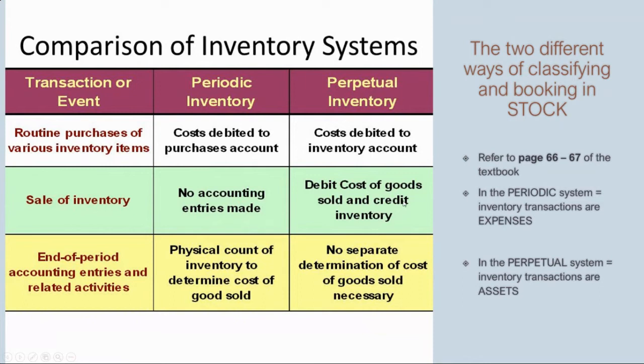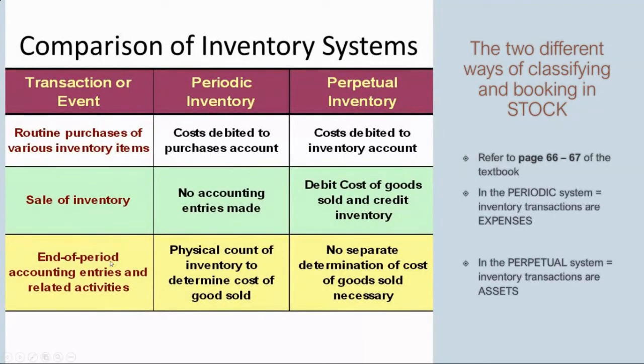In this scenario, we are taking the stock that we've sold out of our inventory balance because we no longer have it, and moving it to the relevant expense account so that we can work out the profit for that specific sales transaction. Both will have a sales transaction, but when we look at the inventory alone, the periodic will have no entry, whereas the perpetual will only account for the inventory that was sold by removing it from our inventory balance and putting it into cost of sales.